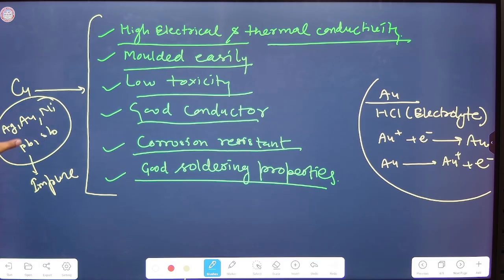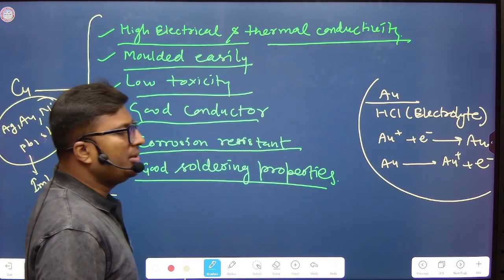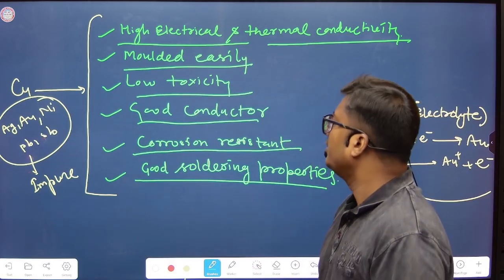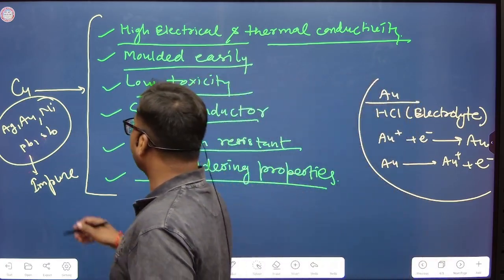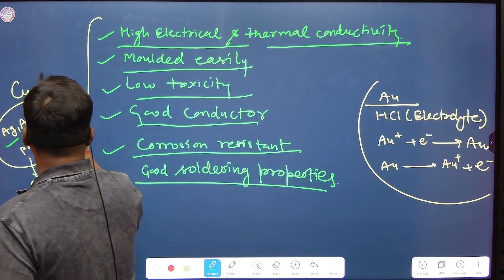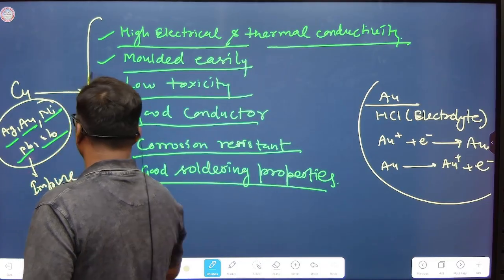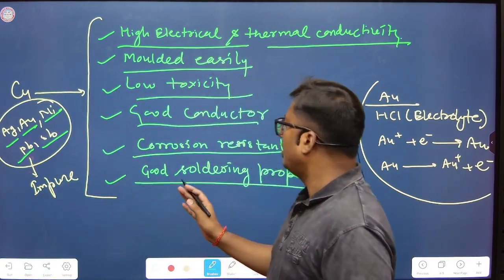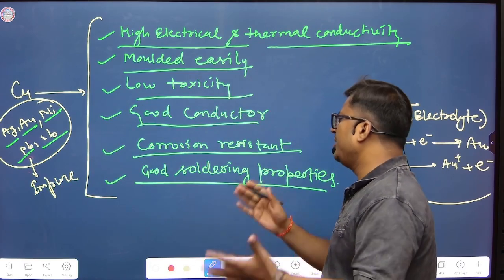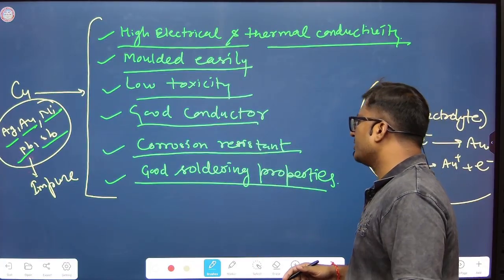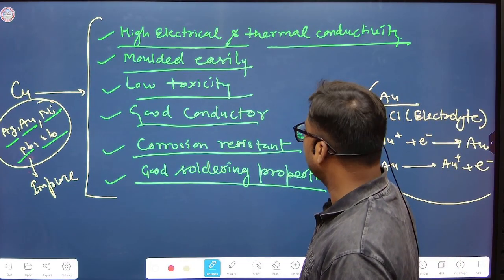So similar to the copper purification and extraction, many metals can be extracted from the alloys or impure ores, like silver. So silver can be extracted, or gold, or nickel, or lead, or antimony. So these are the metals, or a lot of metals, that are used for extraction and purification purposes.